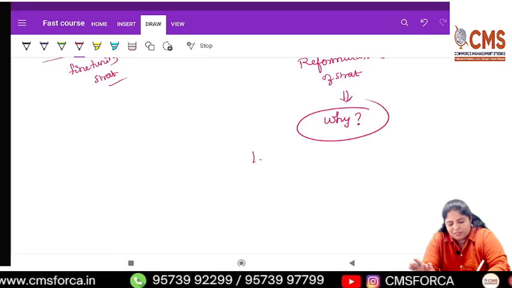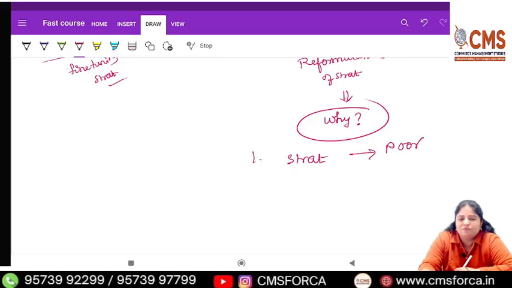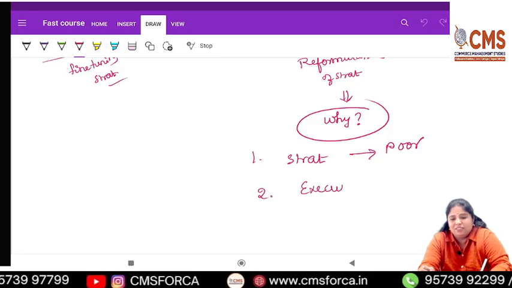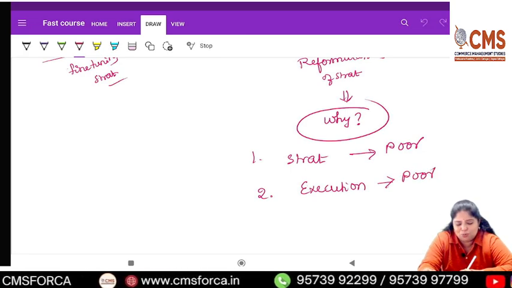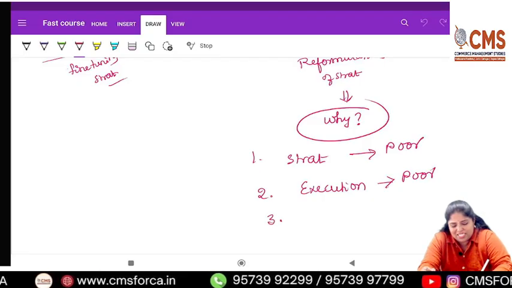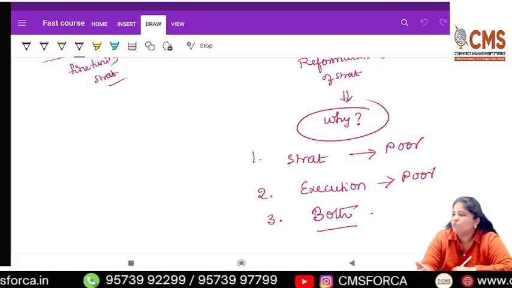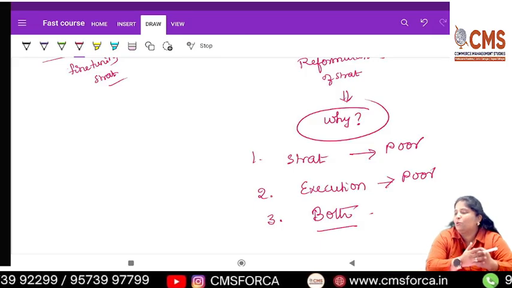One is your strategy is poor. The other one is strategy is good, but execution or implementation of the strategy is poor. Or the third possible scenario is the worst scenario, both. That means strategy is poor and your implementation methods or approach is also poor.